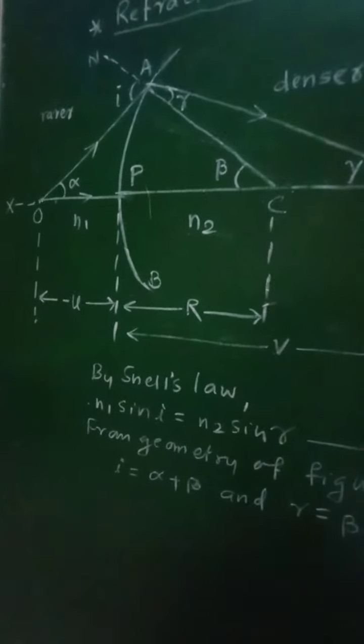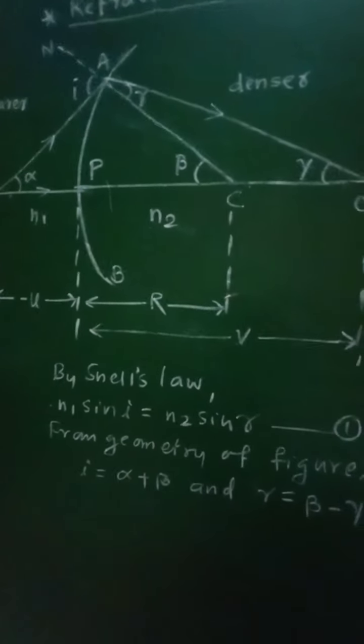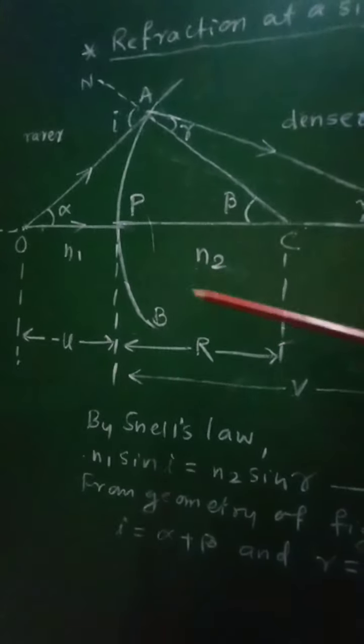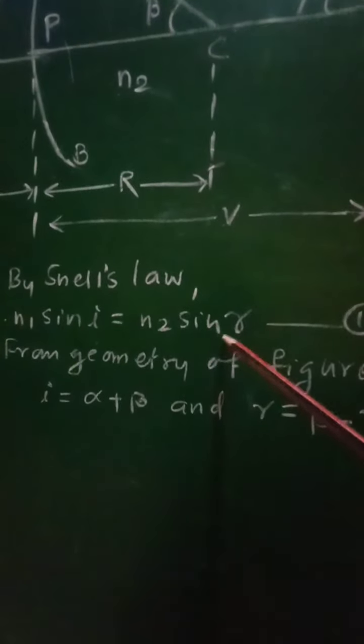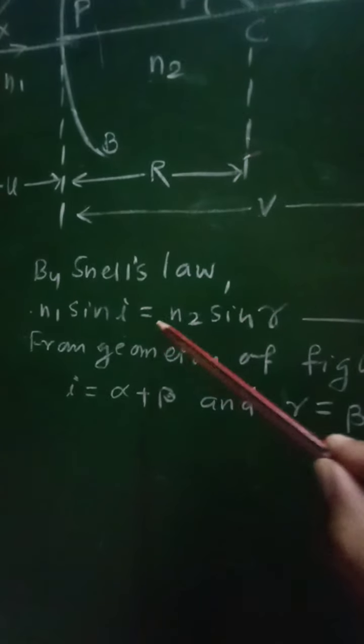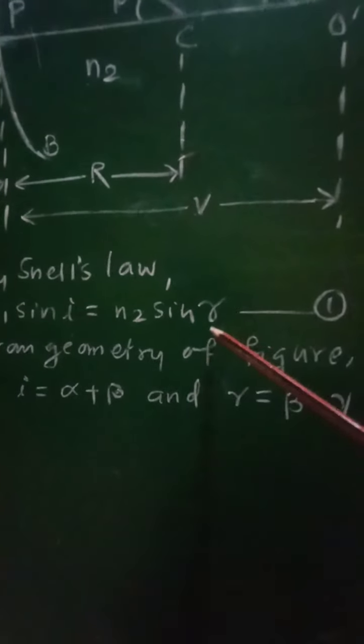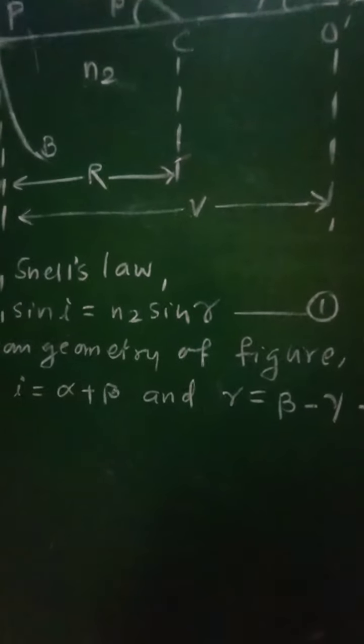Now we can use Snell's law here, because there is refraction from a rarer medium to a denser medium, and so we can write n1 sin I equal to n2 sin R, equation number 1.